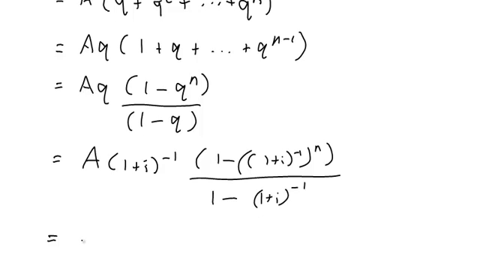So I could go, this is the same as a times 1 minus 1 plus i to the minus n over 1 plus i minus 1.